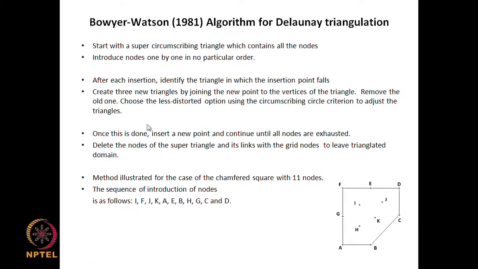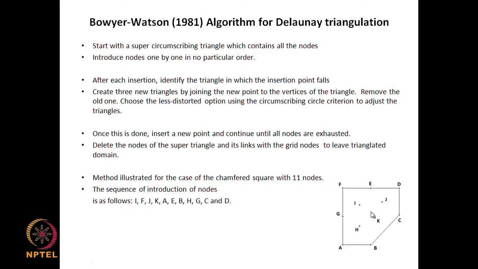Okay. So this process is illustrated for the same case that we had done earlier using the advancing front method. So you have this chamfered square with 11 grid points, and in this algorithm we are supposed to introduce these points one by one in no particular order.